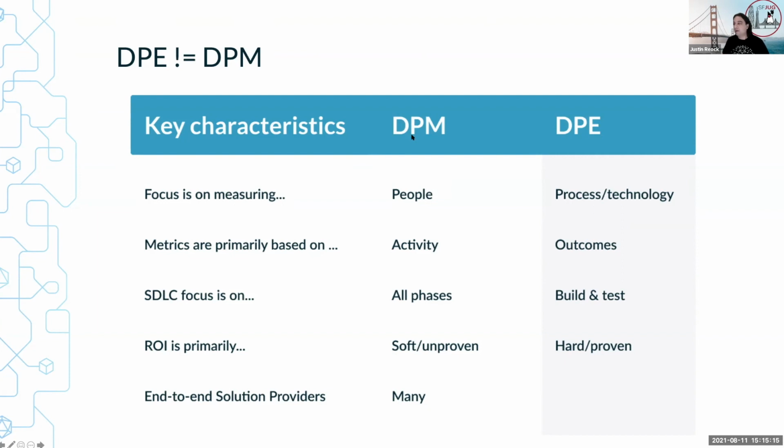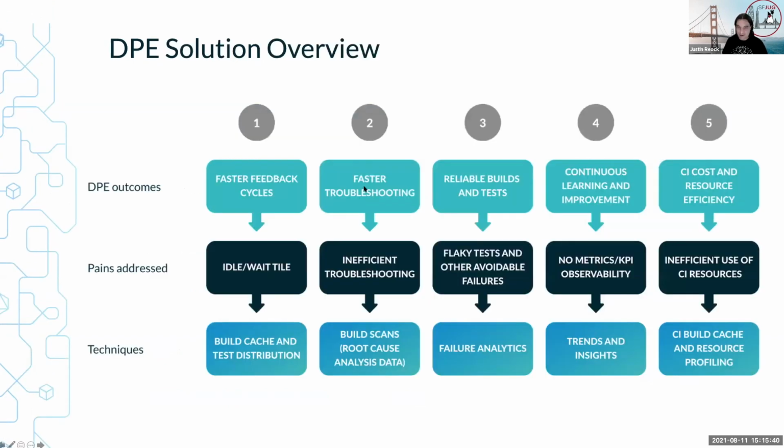We're arguing that we can use engineering principles, that we can create engineered solutions to also augment developer productivity. So whereas developer productivity management might be focusing on people, we'd be focusing more on process and technology. So the build infrastructure, the CI pipeline, the speed of feedback cycles, the efficiency of our tests, and whether those tests are flaky, right? So just want to make sure that we understand that.